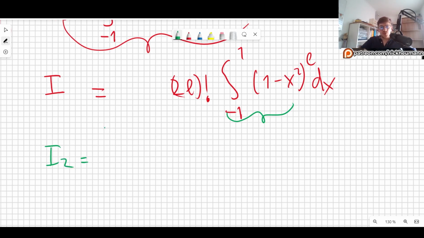Well, let's use a change of variables, a substitution, because we know that 1 minus x squared, if we have x be a cosine or sine, will give us something trigonometric.